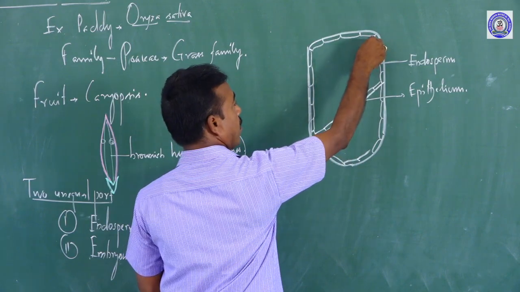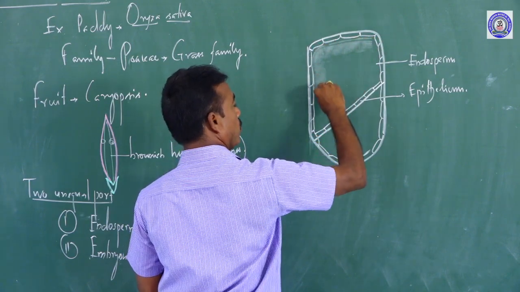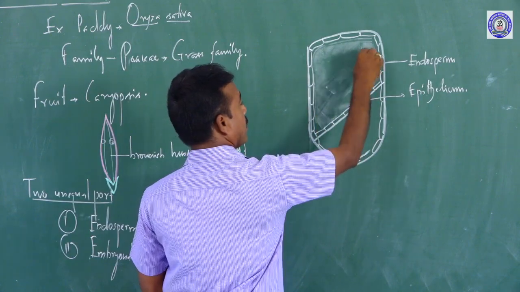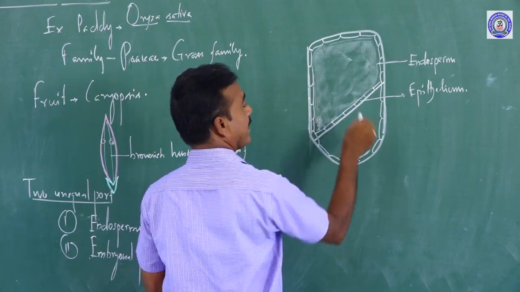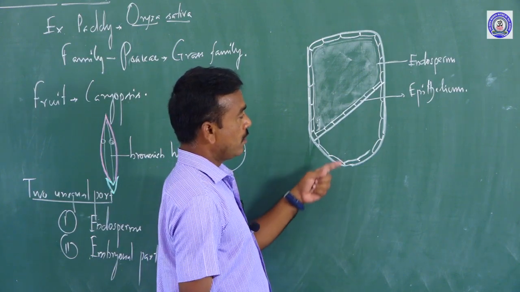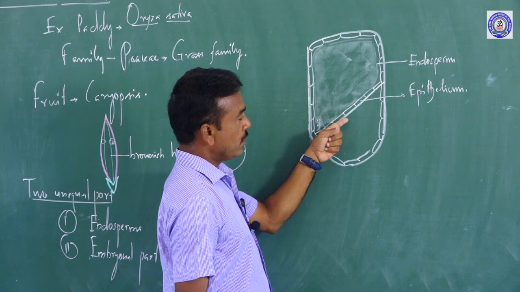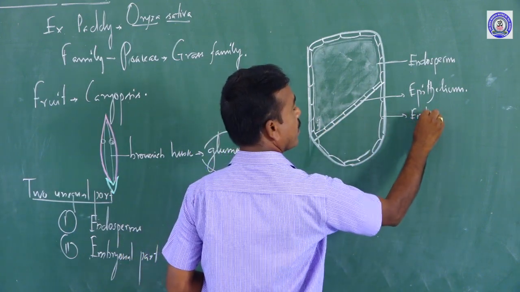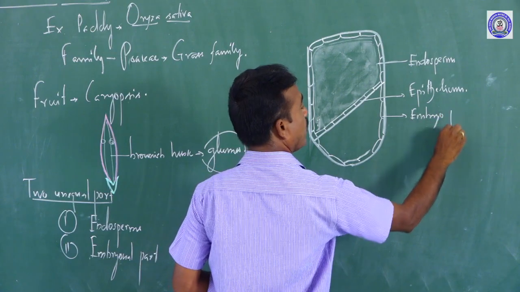This is our nutritive tissue, commonly called the endosperm. The maximum part of the seed is occupied by the endosperm. The smaller part is commonly called the embryonal part or embryo part.